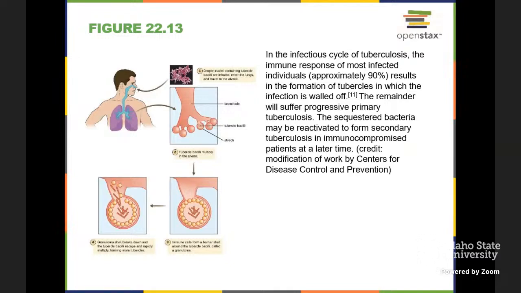Other countries, more common. Globally, there's 1.5 billion, maybe a little bit more than that, people that are infected with tuberculosis. That is disturbing, right? And some of these individuals harboring multi-drug resistant strains of tuberculosis.